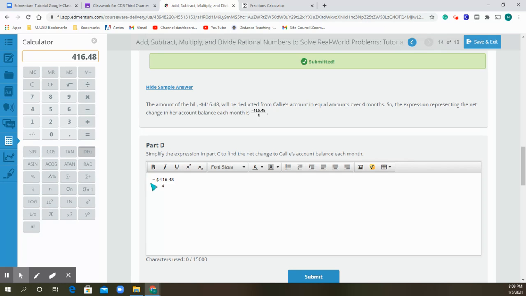Remember the minus sign. Gotta check your sign. I saw the sign. Opened up my eyes. I saw the sign. Okay, continuing on. Divided by 4. And that'll give us how much each payment is. So it'll be negative, equals negative $104.12.